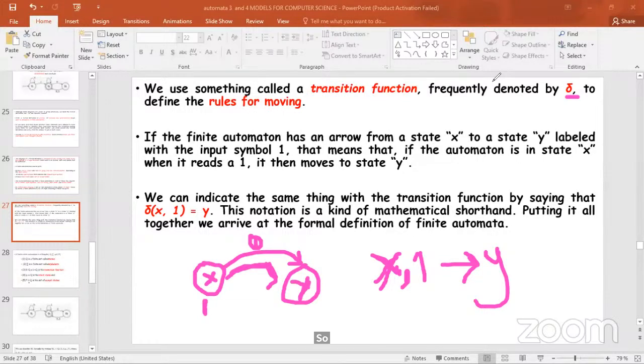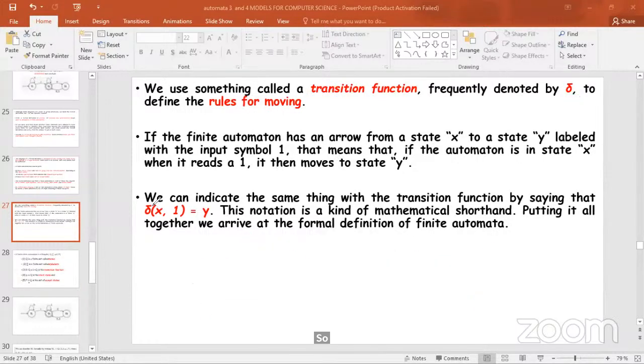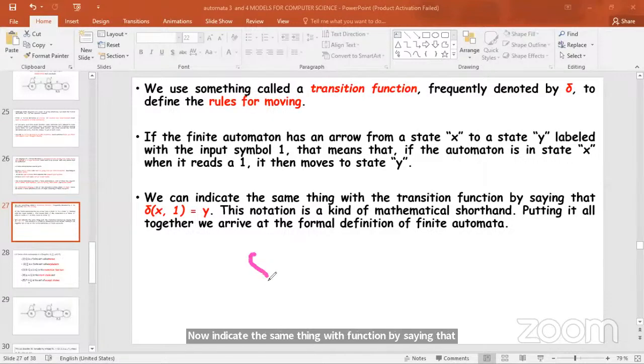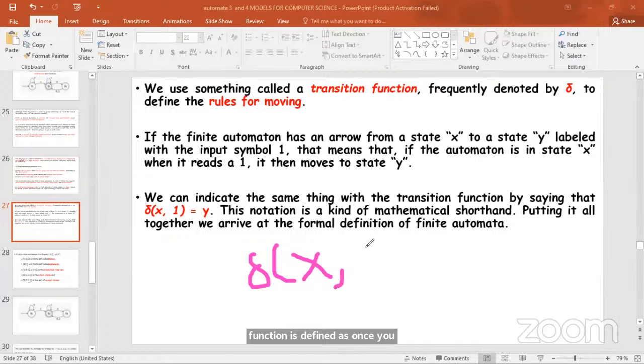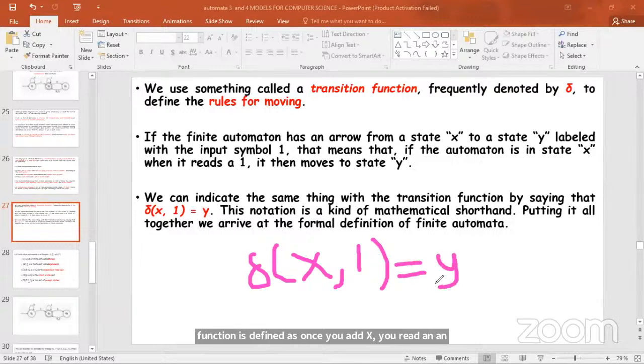So we can now indicate the same thing with the transition function delta. The transition function is defined as: once you are at X and you read an input of 1, then your next state is Y. The notation is a kind of mathematical shorthand.